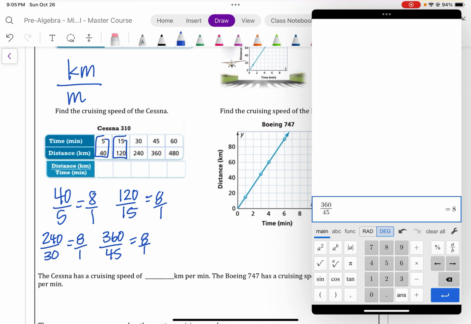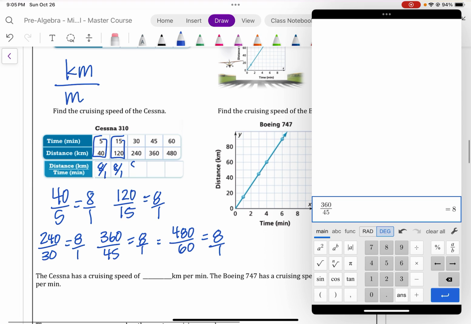So these are all simplifying to 8 over 1. 480 over 60. Well, 6 goes into 48 8 times. So that's 8 over 1. So they all simplify to 8 over 1. Okay, so that's 8 kilometers per minute.